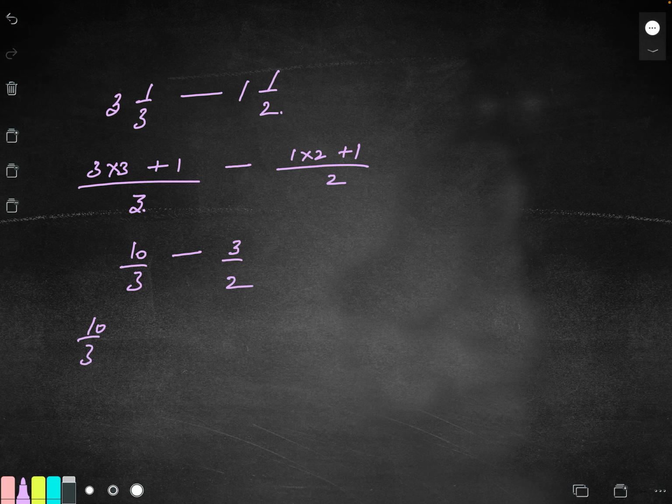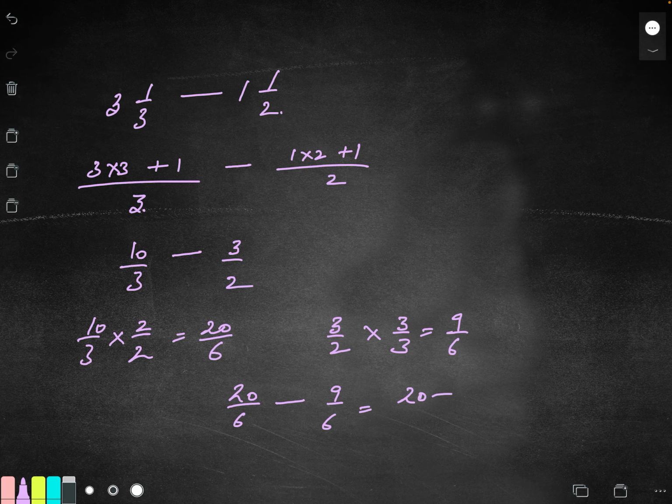Here I have to do the 2 steps because I have no option. Right? 3 upon 2 will be multiplied by 3. So you get 20 upon 6 minus 9 upon 6. 20 minus 9, one time I will take 6, I get 11 upon 6. This is my answer. This is the B part.